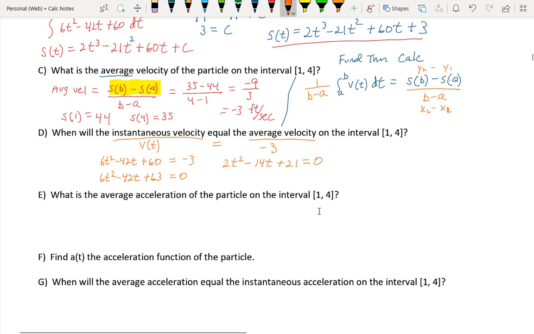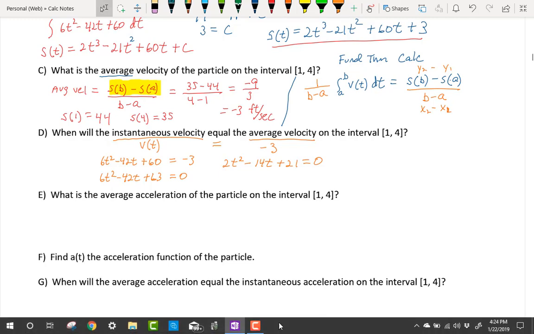I don't think this is going to factor. So at this point we would have to go to a graphing calculator and find at what point this is equal to 0. I'm going to pause and pull up my graphing calculator.